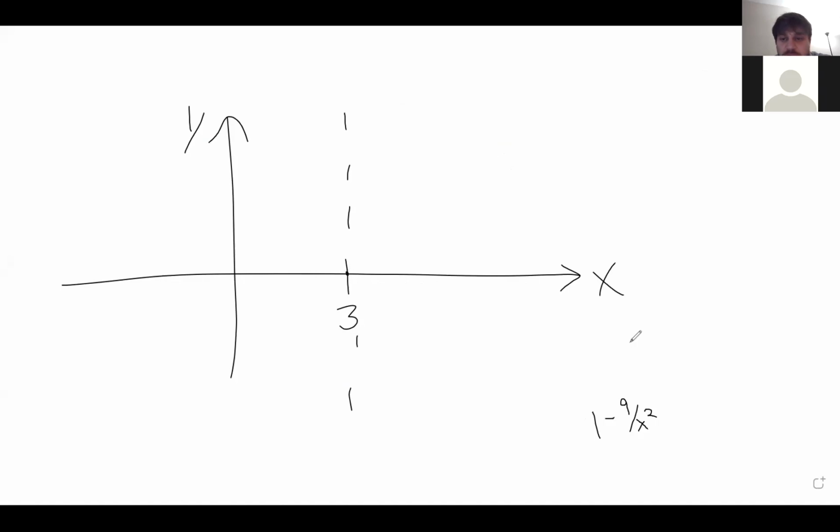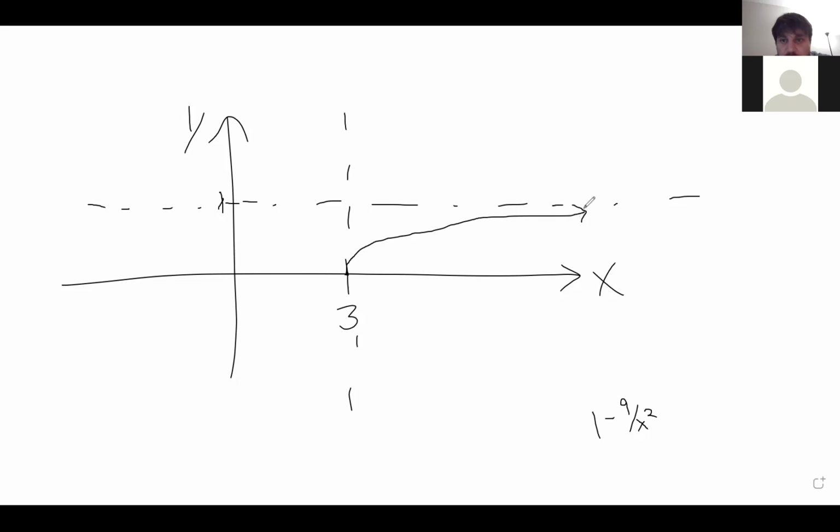As x goes to infinity, it's converging to 1. So you have a horizontal asymptote at y equals 1. It's going to start here and go to the right like this, and it's going to be 0 everywhere to the left.